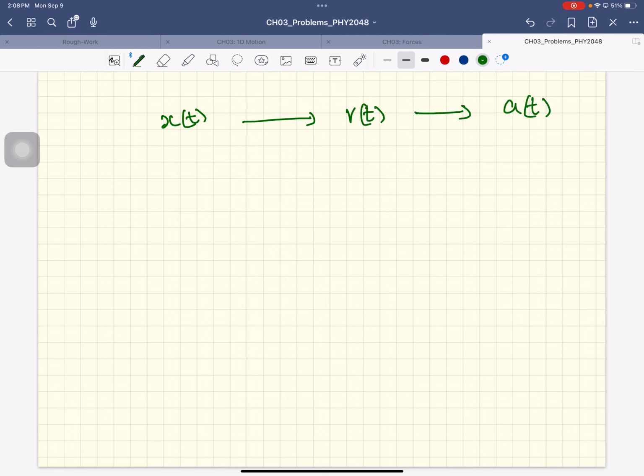If you take a time derivative, you go from position to velocity and velocity to acceleration. In this problem, we are coming backwards, and what you have to do is integrate. That's all. So we are showing you the inverse process.